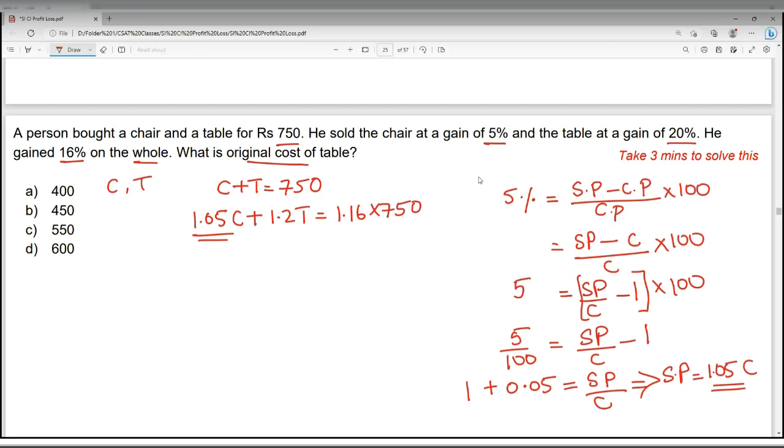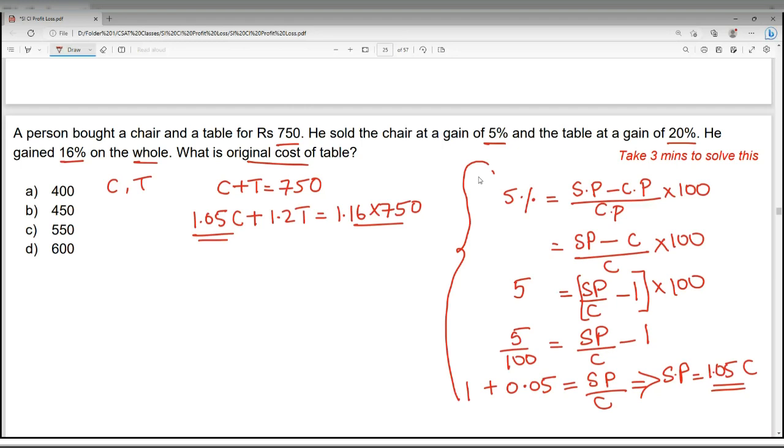In a similar way, for the table, they have told that he sold the table at a gain of 20%. That is 1.2 into T. And overall, he is gaining 16%. That is 1.16 into 750. And this 1.05 was calculated like this. Similarly, you can calculate for the table also, and also for the overall gain.